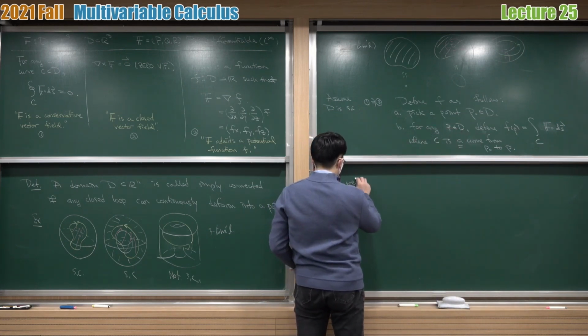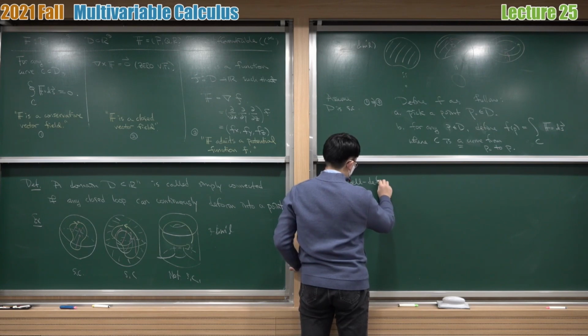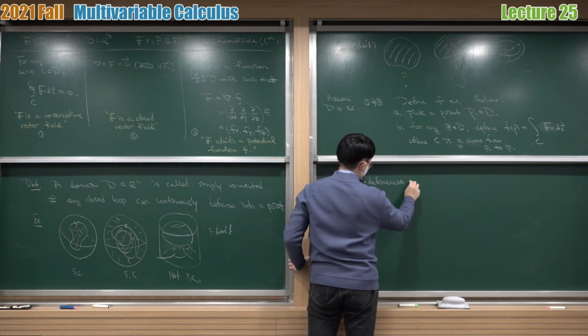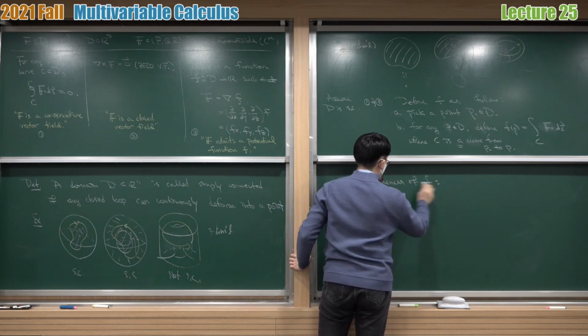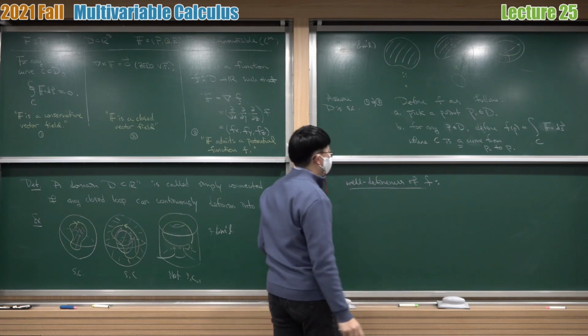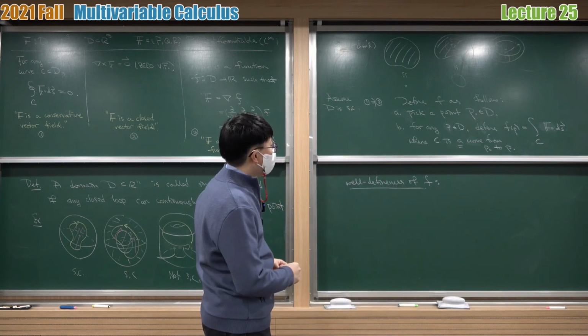So the well-definedness of f. How do you show that this definition is okay?